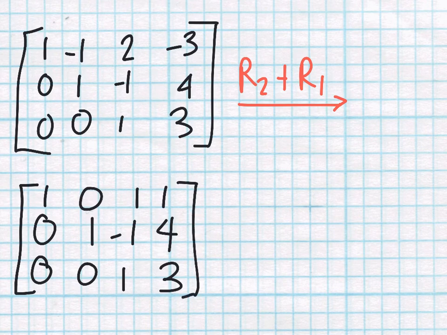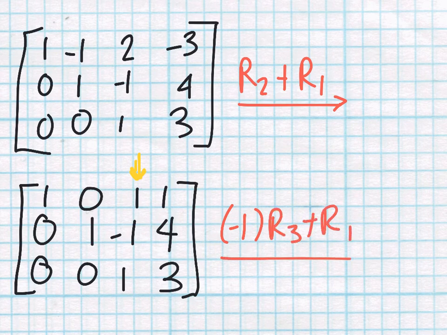So the next thing I'm going to do to try and get this location right here turned into a 0 is I'm going to multiply row 3 by negative 1 and add it to row 1. And what do I get when I do that?